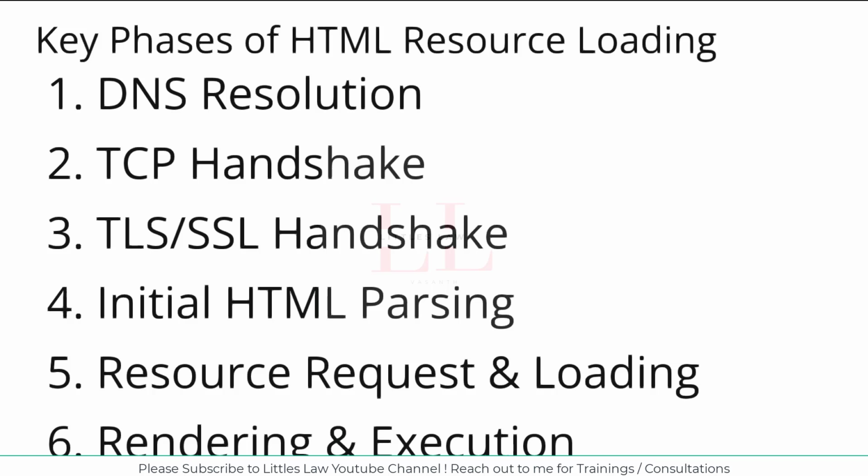Say for example, when you type google.com, there is no server named google.com, right? There are many servers with IP addresses. So when you type google.com, that will be resolved according to its IP addresses.